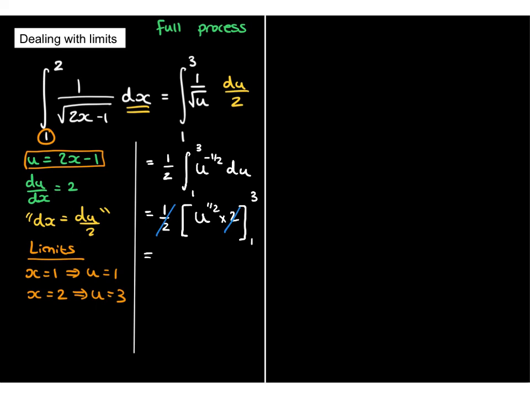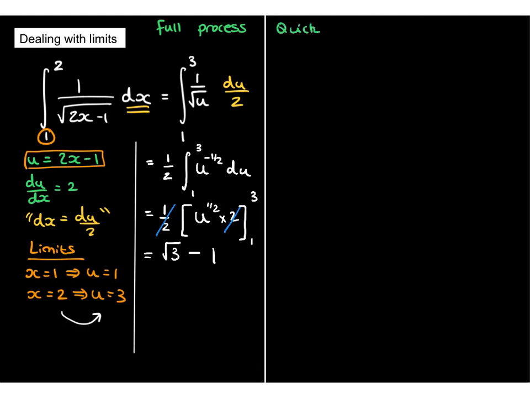Now remember, we don't need to convert back in terms of x because we changed the limits to u, which means the whole integral can now just be done in terms of u. So we get 3 to the power of a half, which is the root of 3, subtract 1 to the power of a half, which is just 1. So there's the full process in action.